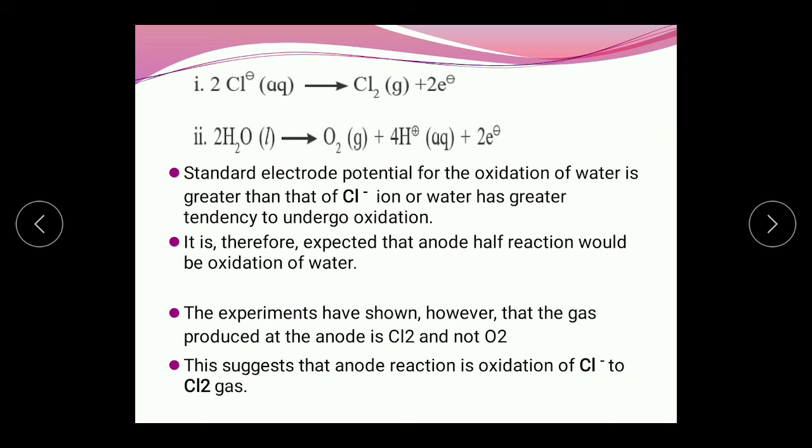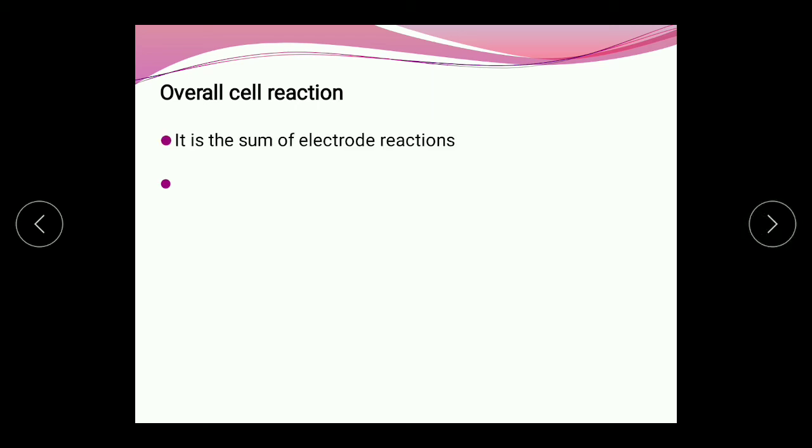Now we have to see the overall cell reaction. As I have told you, it is the sum of the cathode half reaction and the anode half reaction. Which is the prominent reaction at the anode?